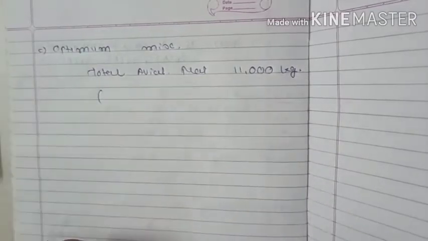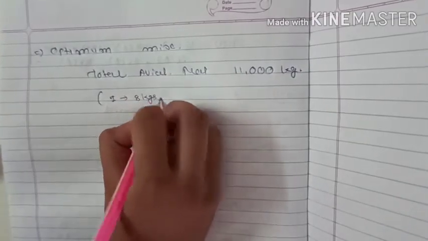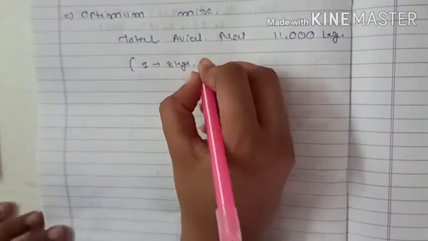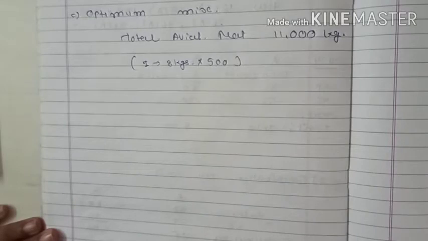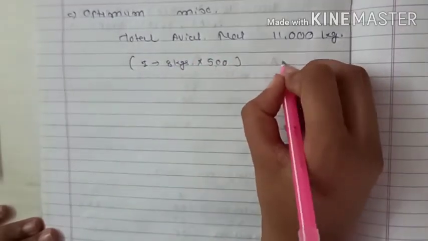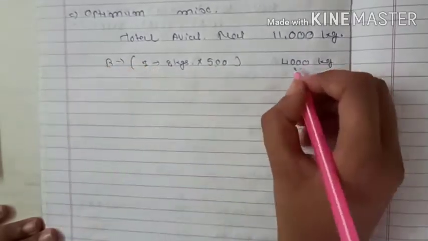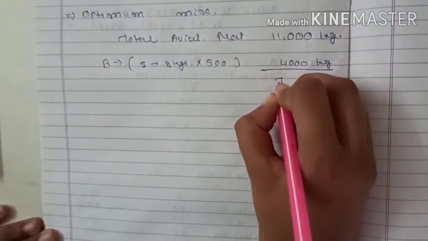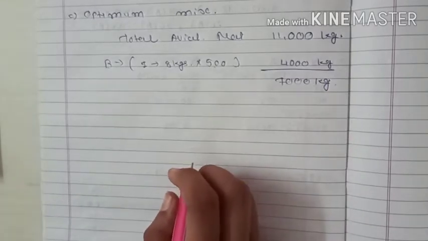So for one unit we require 8 kgs, and the maximum that can be produced is 500 units, right? So 8 kg into 500, it will come 4000 kg. That means for the production of B, 4000 kg material is used. The remaining 7000 kg can be used in the production of A.